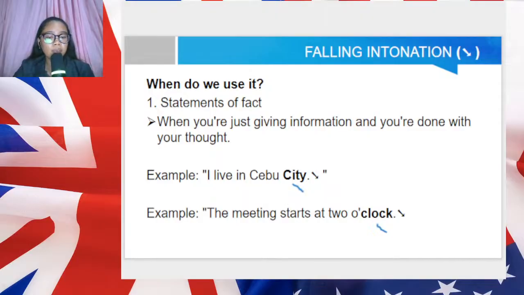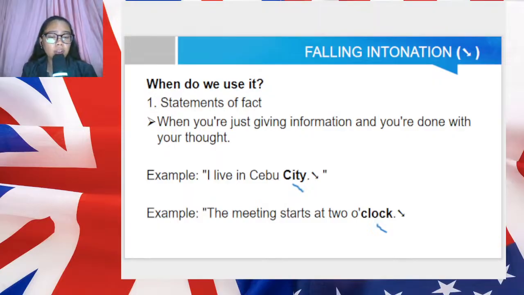Again, if that intonation were to rise on o'clock, the meeting starts at 2 o'clock, it would become a question, it would seek information. The falling tone here is crucial for delivering clear and unambiguous factual information. Those are the two sentences under statements of fact.